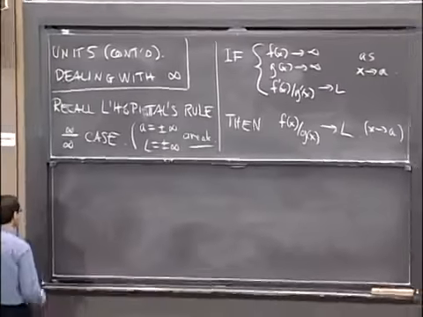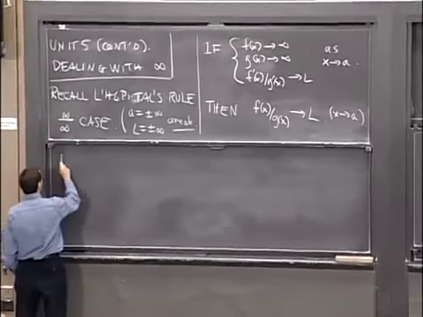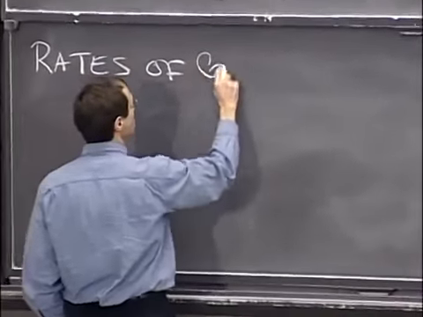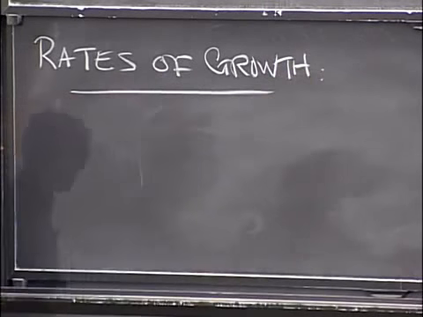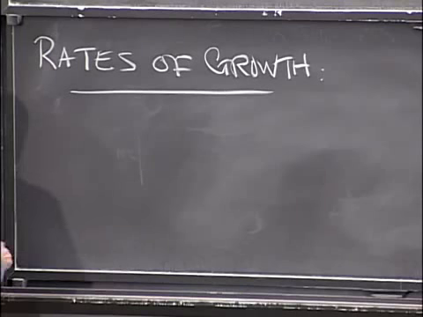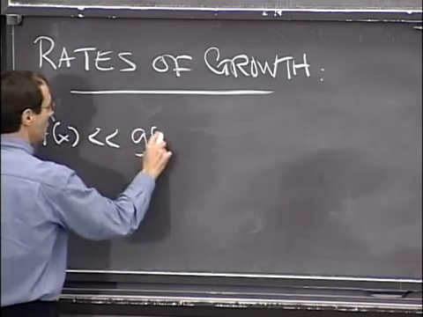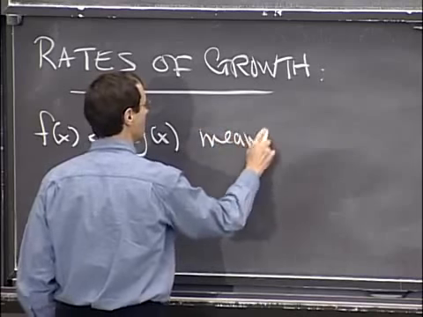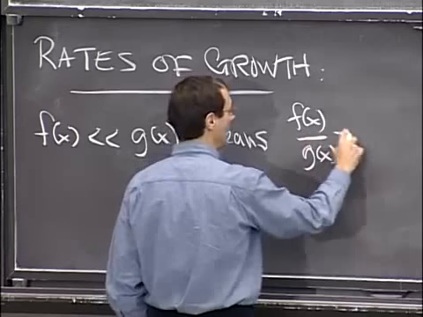Now, in recitation yesterday, you should have discussed something about rates of growth, which follow from what I said in lecture last time, and also maybe from some more detailed discussions that you had in recitation. And I'm going to introduce a notation to compare functions. Namely, we say that f of x is a lot less than g of x if the limit of f over g as x goes to infinity tends to 0.